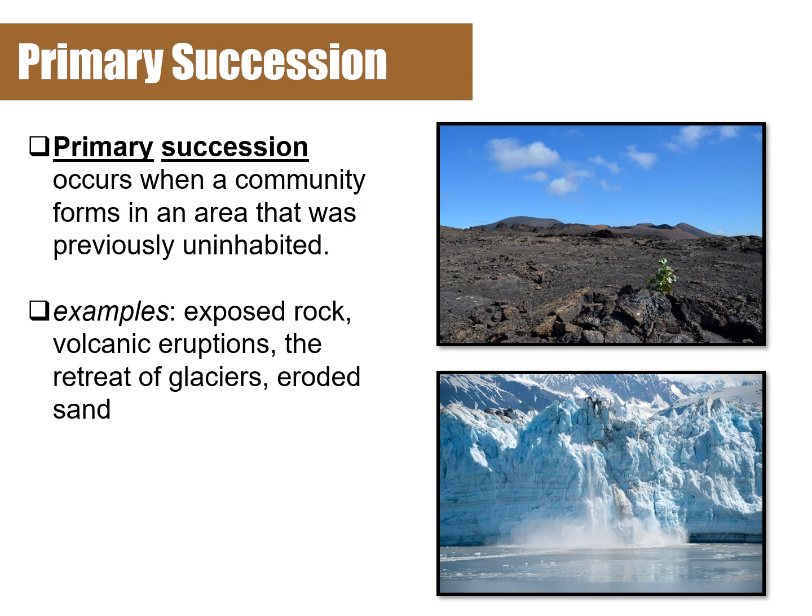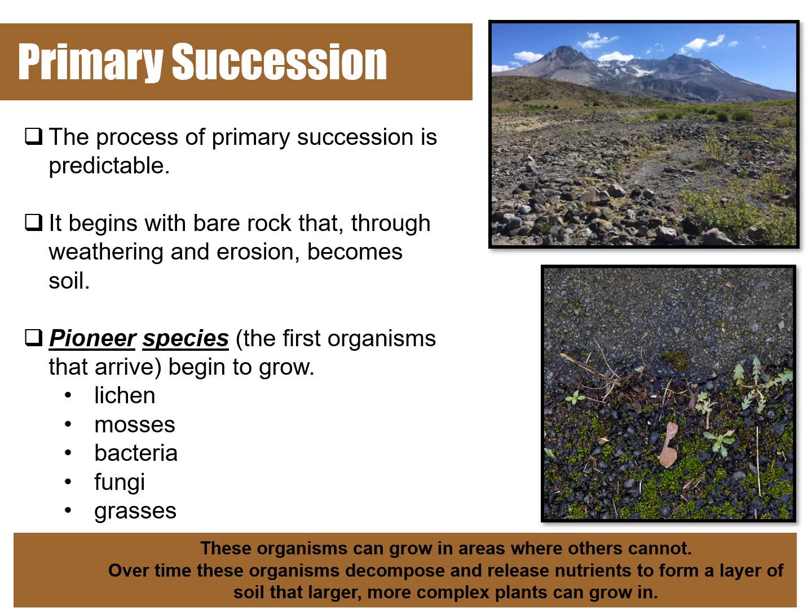How exactly does this happen? So the nice part is that the process of primary succession is very predictable. We know exactly the steps it's going to follow. It's going to start with bare rock, and slowly that rock is going to become soil because of pioneer species. So a pioneer is a person, that's a name that we gave to people that moved out west to the United States to inhabit those areas when nobody else lived there.